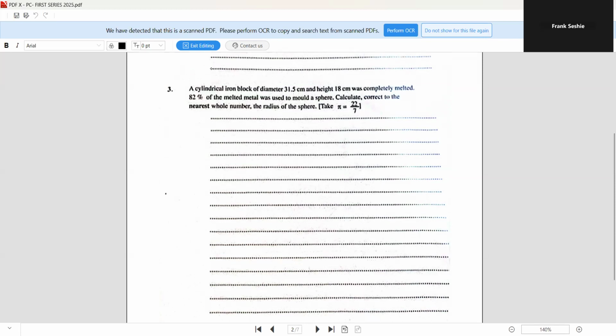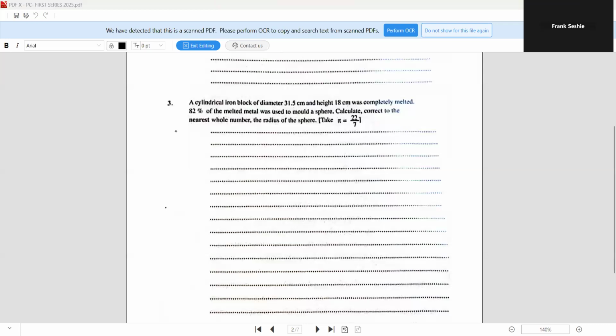So you realize that once we are melting the cylindrical iron block and we are using 82% of it to mold a sphere, it means that 82% of the volume of the cylindrical iron block becomes the volume of the sphere.